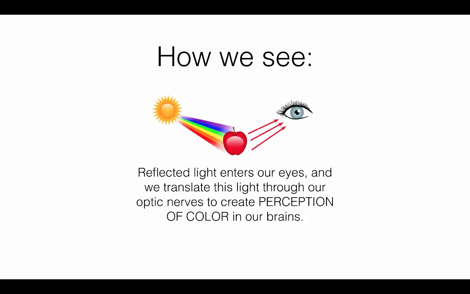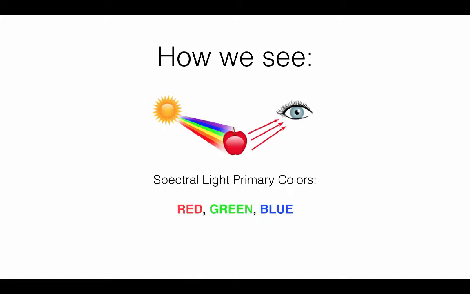What we perceive is the color red, because the reflected light enters our eyes, and our optic nerve translates that information and sends it to our brains, and we see that as the color red. These are the spectral light primary colors.